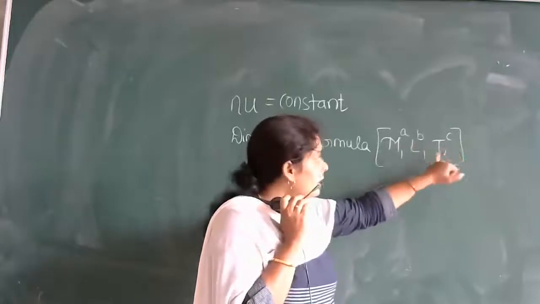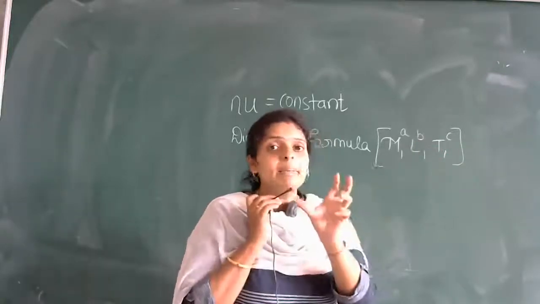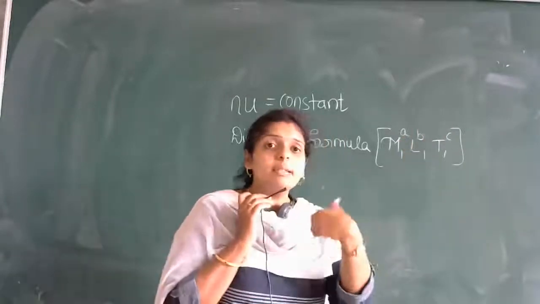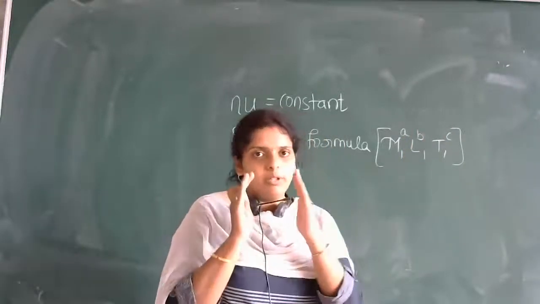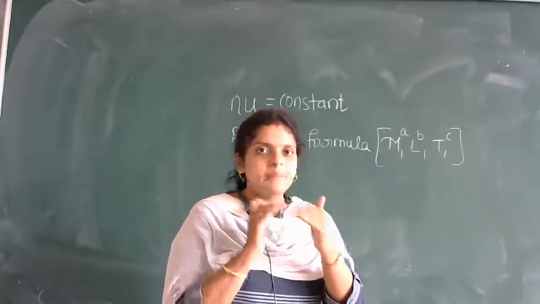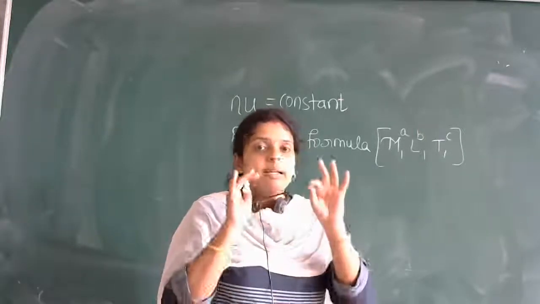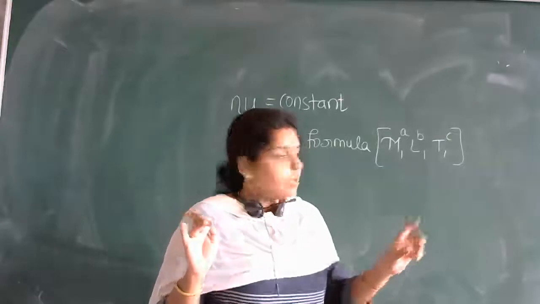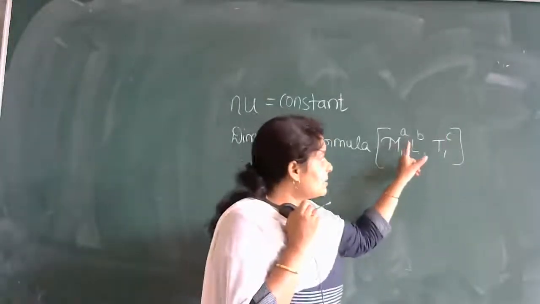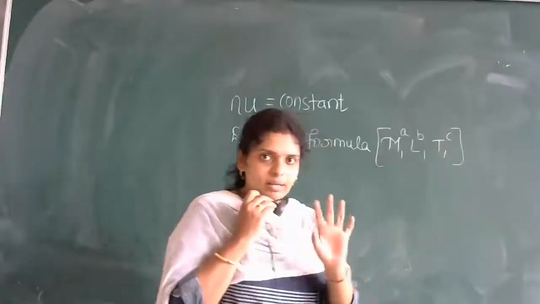M1, L1, T1 represent one system. a, b, c are the powers to which the dimension formula is raised; you don't know them, so in general we take the powers as a, b, c. Understood?